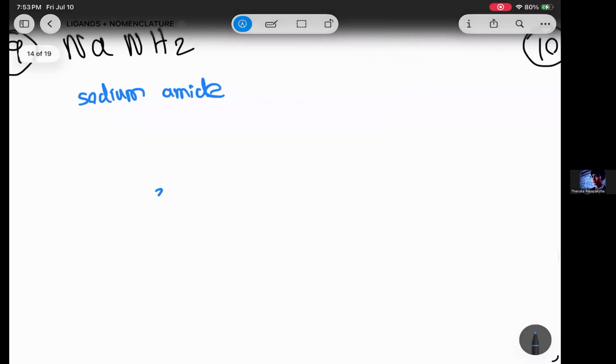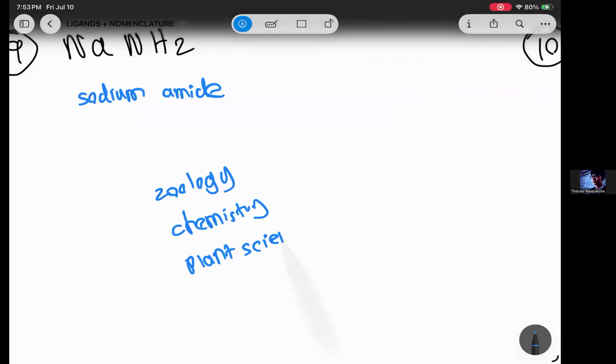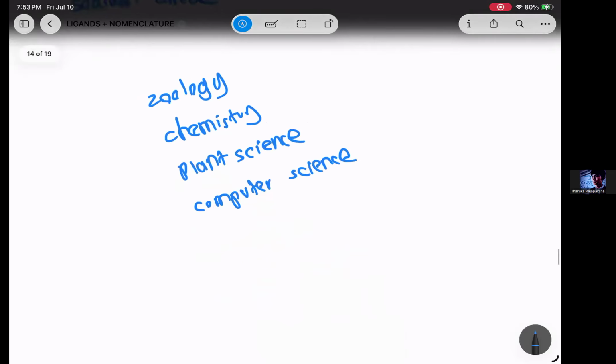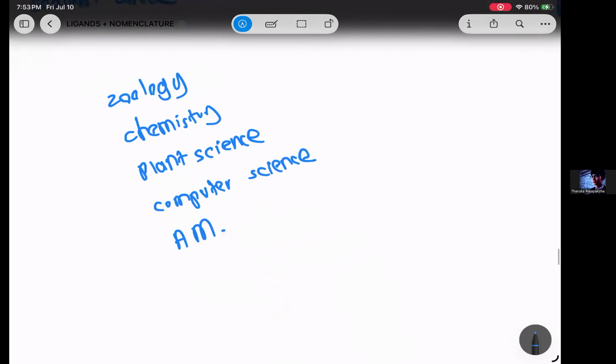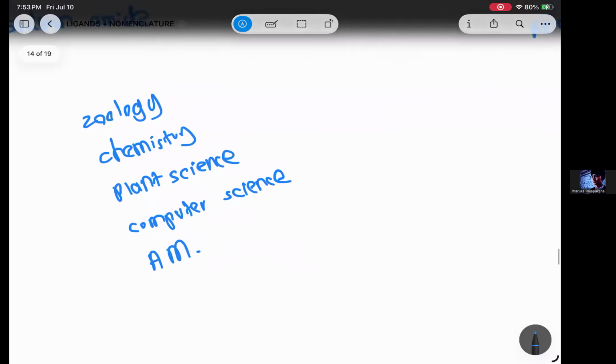We have zoology exam, chemistry, plant science, computer science. We have applied mathematics, we call AIM, applied mathematics for BA students, so that exam is there. And also calculations in chemistry. It's an elective course I have selected, calculations in chemistry. And yeah, these are the things.